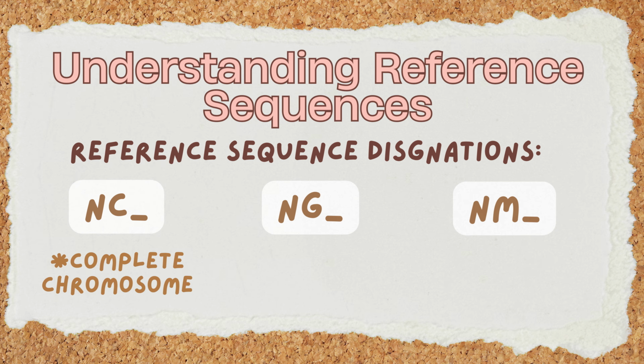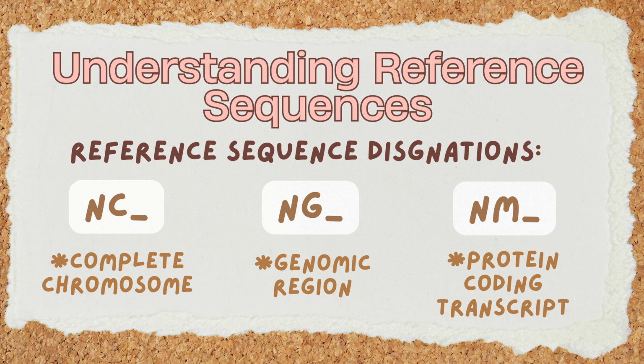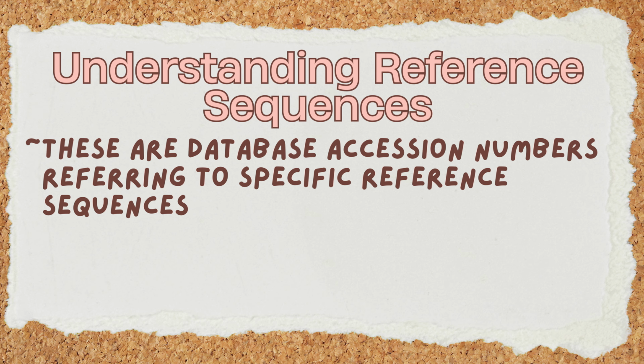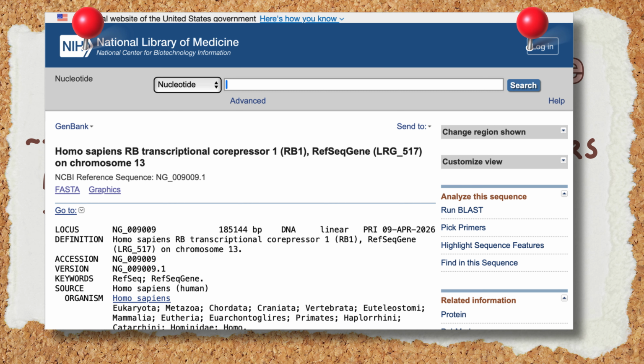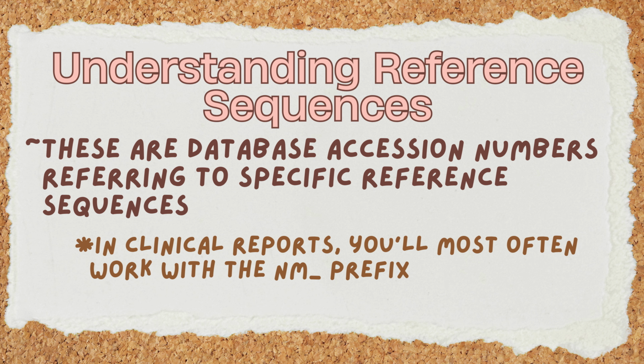NC represents the complete chromosome, NG the genomic region, and NM the protein coding transcript. These are database accession numbers referring to specific reference sequences. They designate a specific file in the reference sequence database. In clinical reports, you'll most often work with the NM prefix, which is the coding transcript.